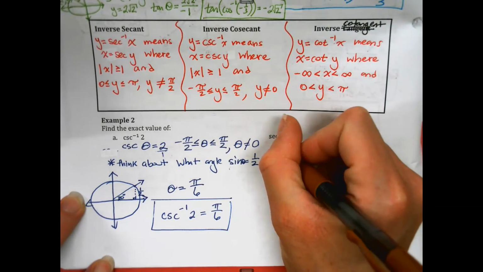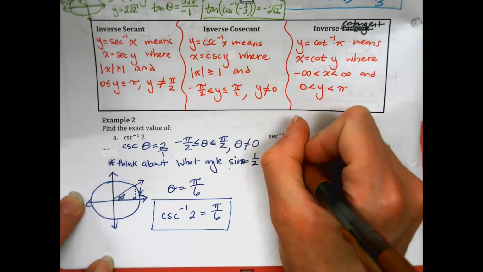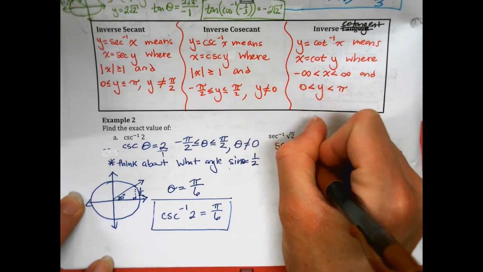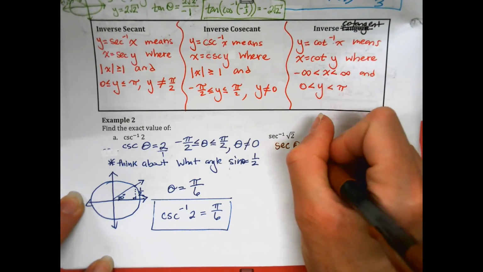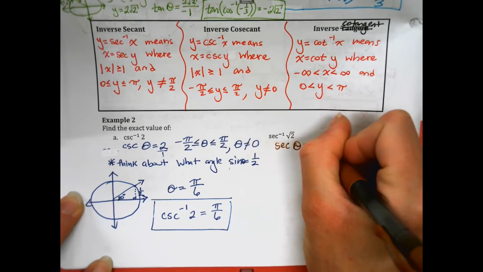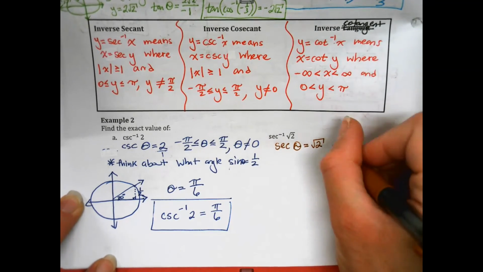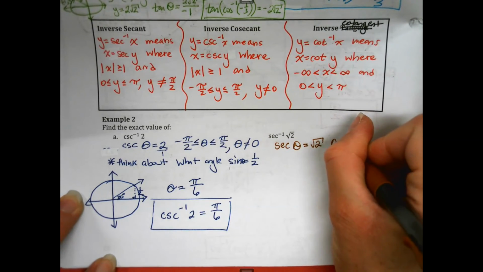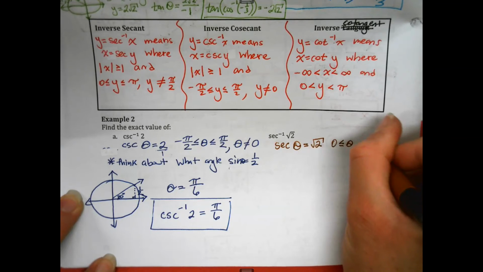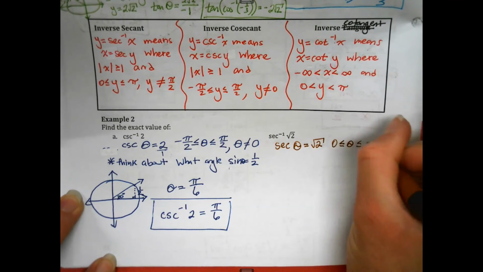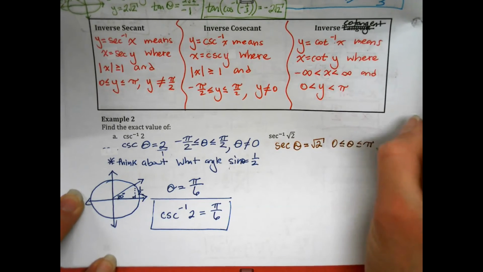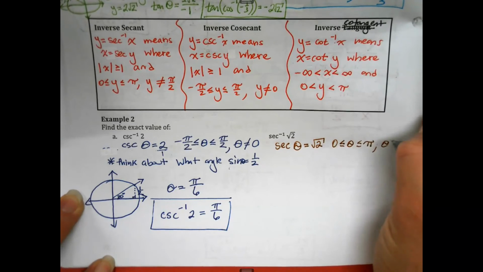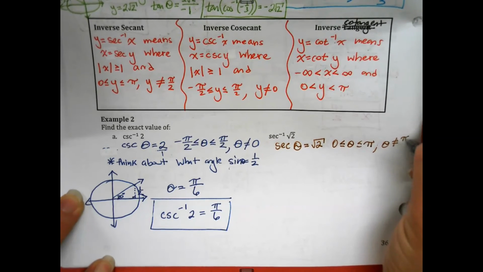Or another way to think about this is we want to know what angle theta will give us a secant value of the square root of 2 on the interval from 0 to pi, and theta can also not be equal to pi over 2.